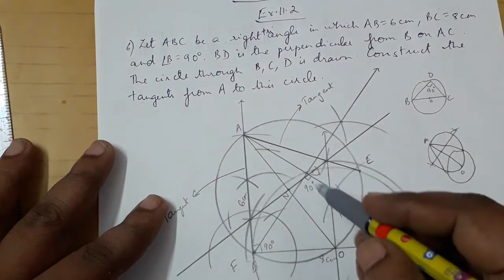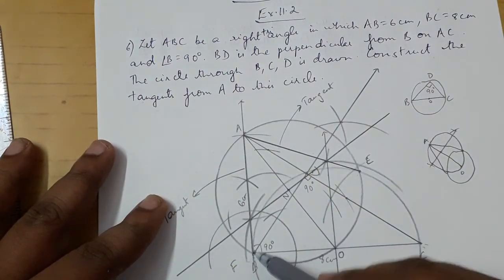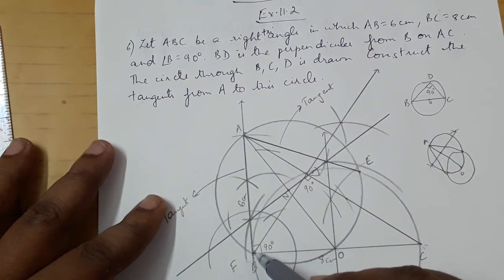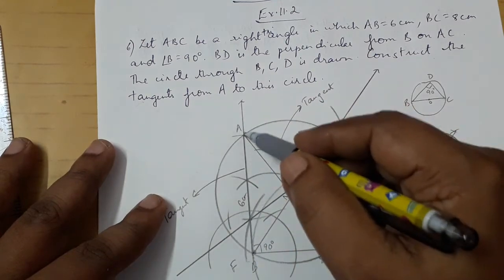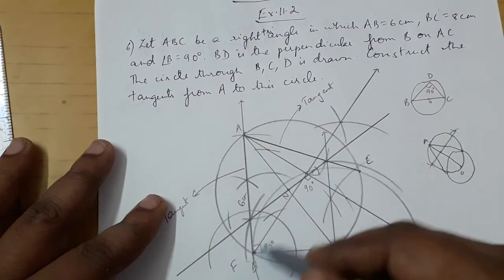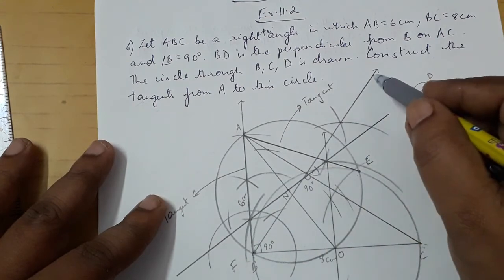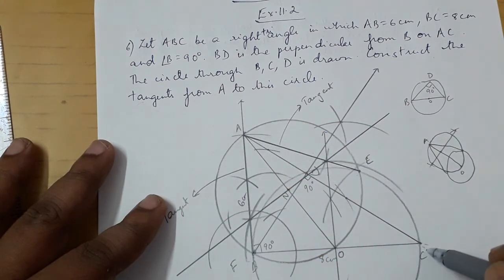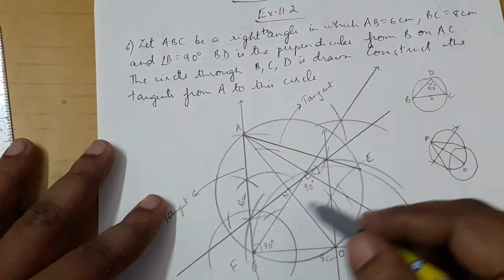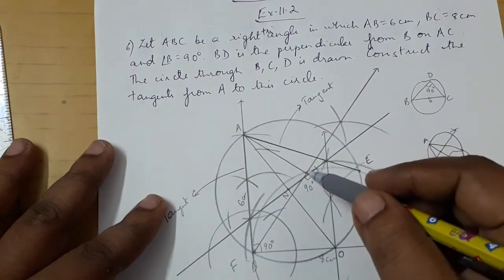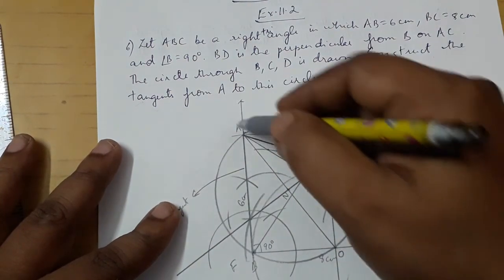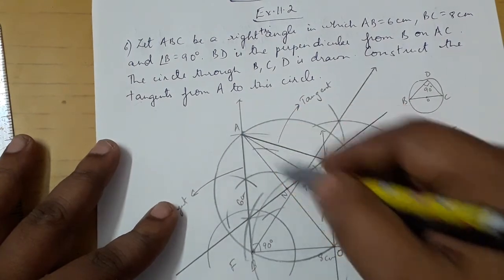So it's very confusing now to see where exactly it is. If you notice B, D and C, and to that we had drawn a perpendicular to ABC over here. This is BD, extending up to here, and BD was perpendicular on AC. Coming back to the circle, once we had constructed this circle and this A was over here, we connected this A to O, and we drew a perpendicular bisector to AO.